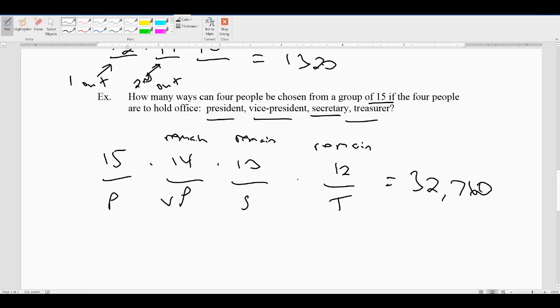Or you could just recognize that if you assign one person to be president one day, then the next day they might be vice president. That's a different arrangement, a different ordering, which means the order is a big deal. Which means it's a permutation.